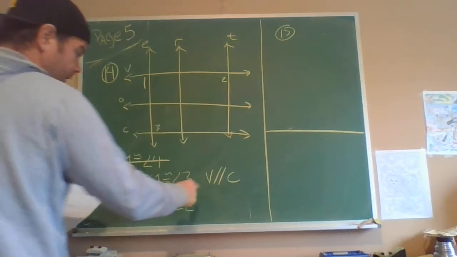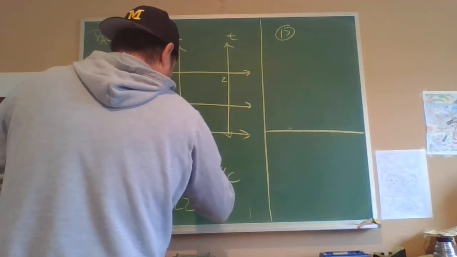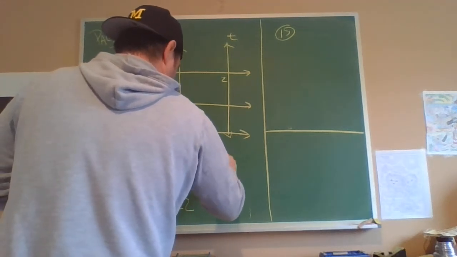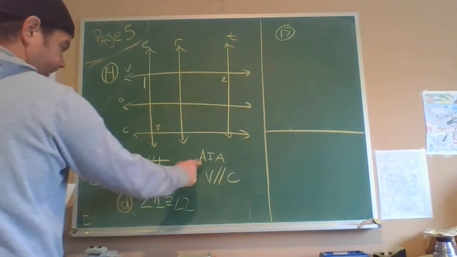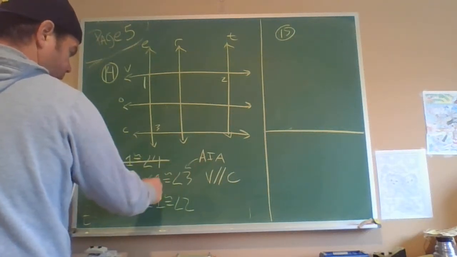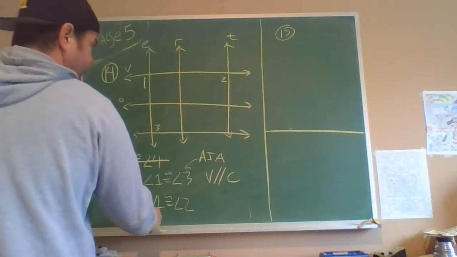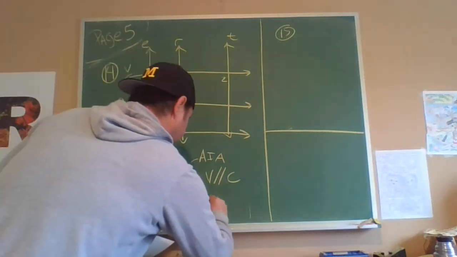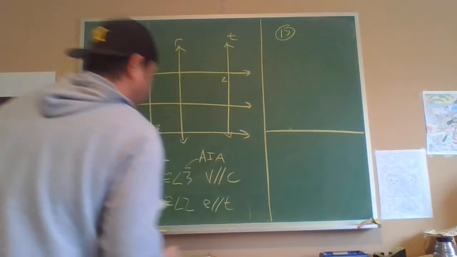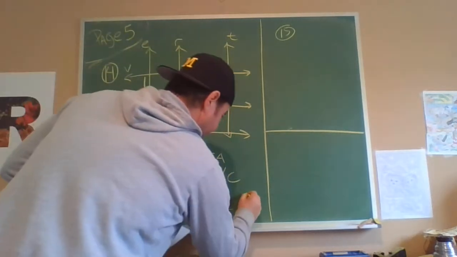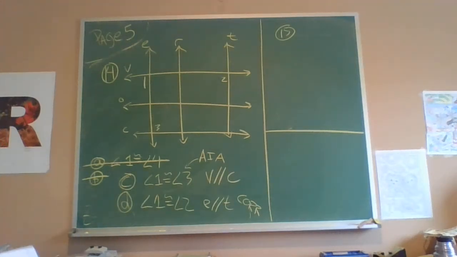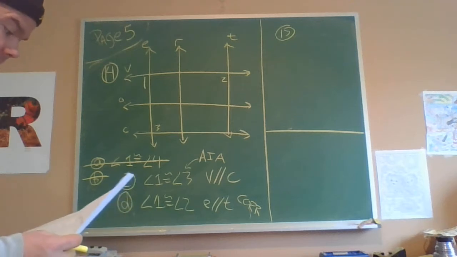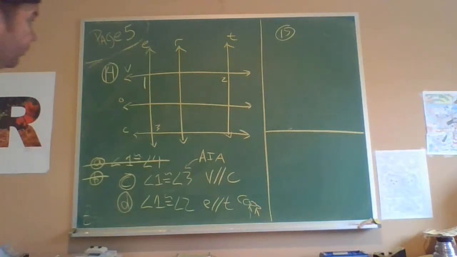So I should have said here, back in part C, V and C, this works because 1 and 3 are alternate interior. Here, E has to be parallel to T because 1 and 2 would be corresponding. So that's the full situation for question number 14. Too bad we couldn't do part A and B, but whatever, I'm over it.